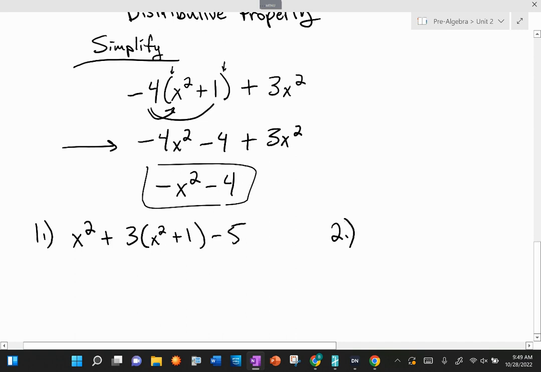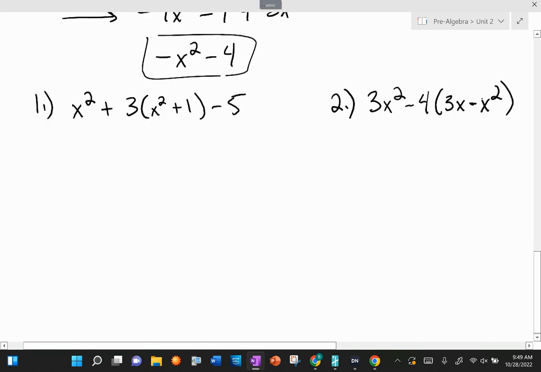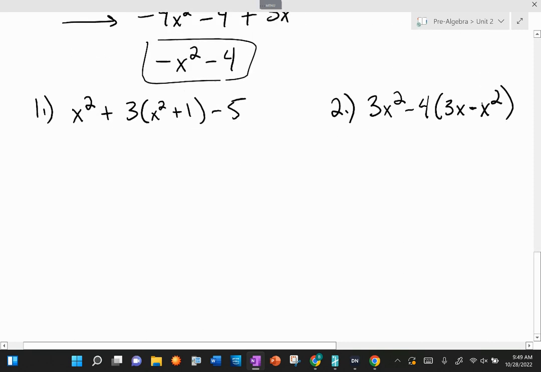And then number 2, we'll do 3x squared minus 4 times 3x minus x squared. Okay, I'll give you a couple minutes to work on number 1 and number 2.